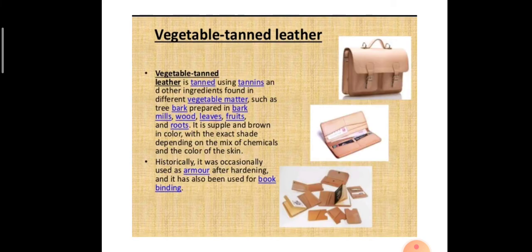Now this is the vegetable tanned leather. Vegetable tanned leather is tanned using tannin and other ingredients found in different vegetable matter such as tree bark prepared in bark mills, woods, leaves, fruits and roots, and also fish oil, etc. It is supple and brown in color with the exact shade depending on the mix of chemicals and the color of the skin.